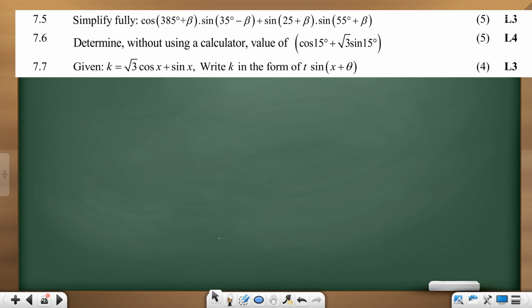However, what I'm going to show you will help you for 7.7. But I need you to at least do the normal one first. It's long. But it's worth 5 marks, I guess.